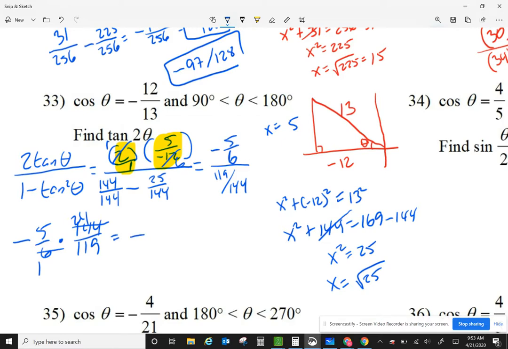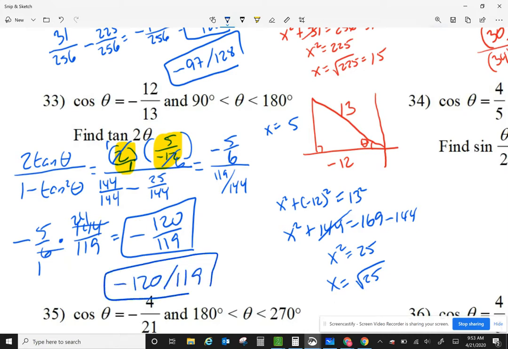My answer is negative 5 times 24, which is 120 over 1/19. The way I will type this will be negative 120 over 1/19.